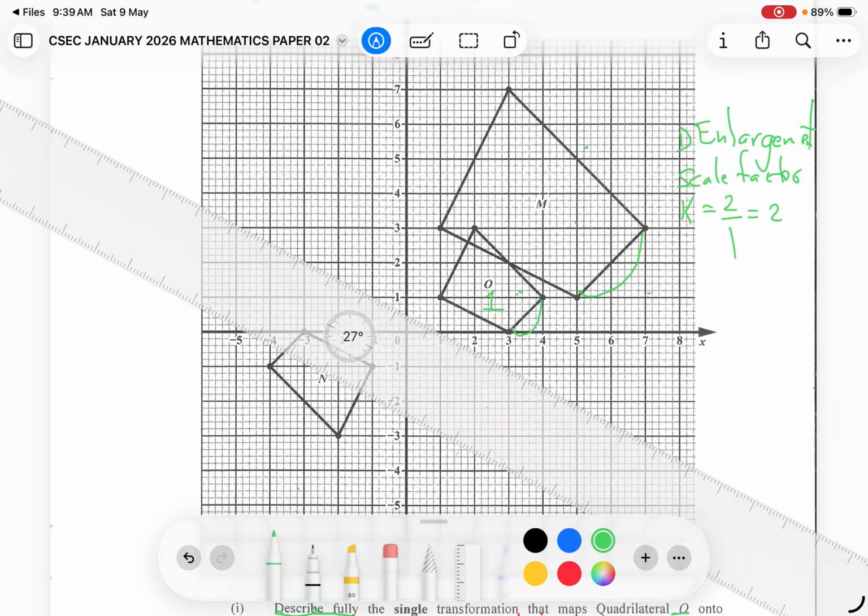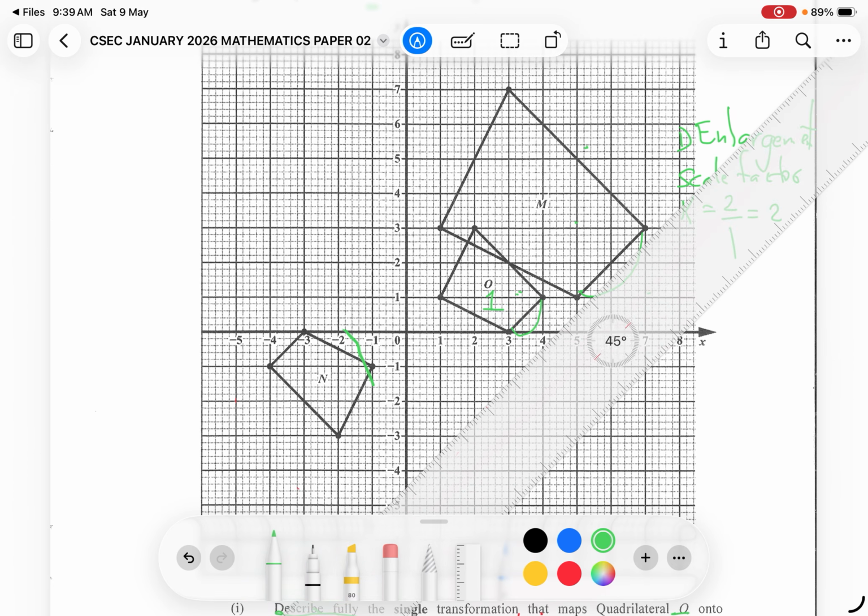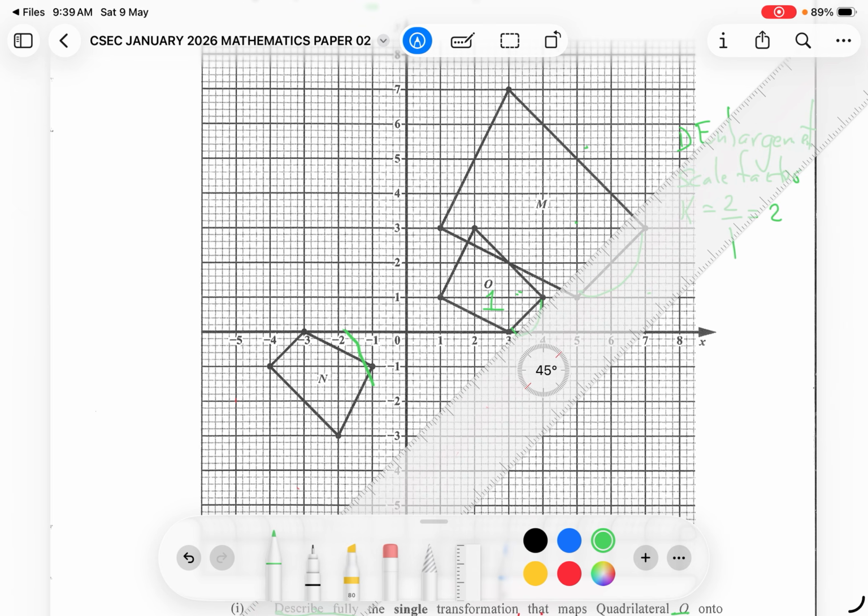So taking my ruler, I'm comparing now, because these are slant lines. You can see that this is approximately 1, 2 and a half.